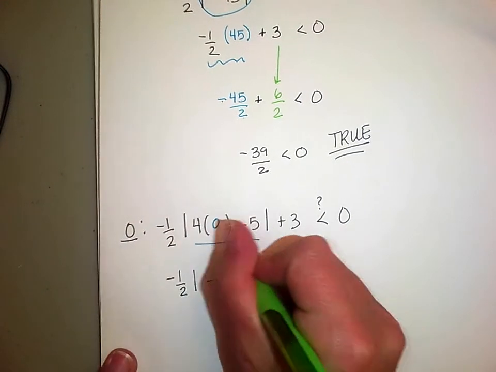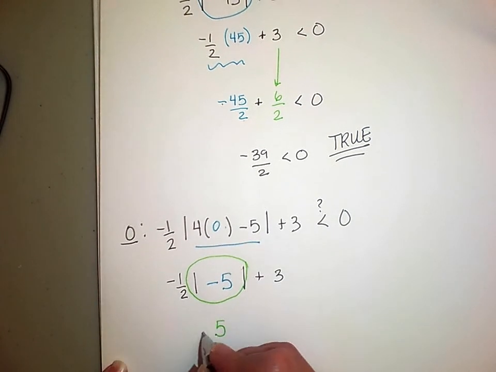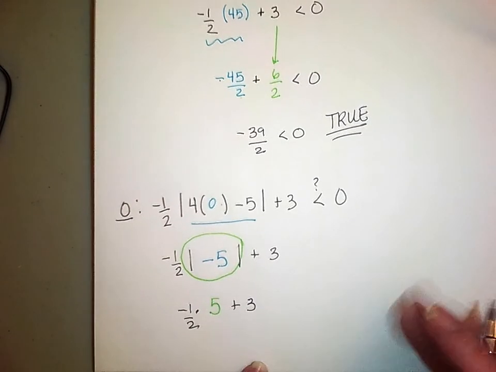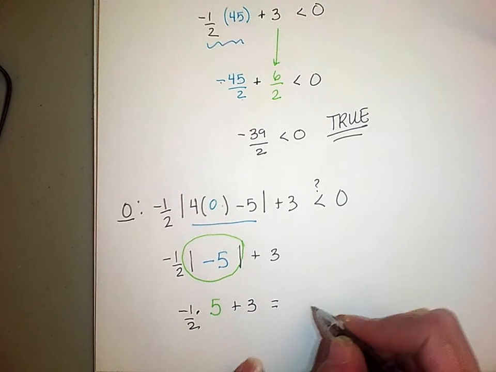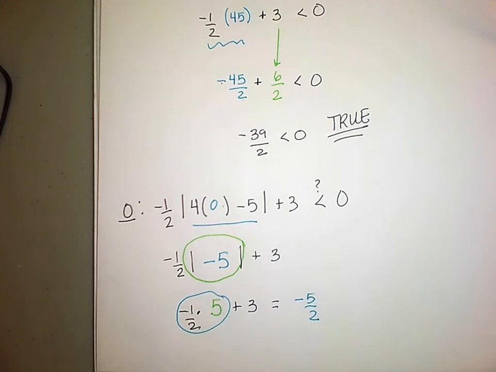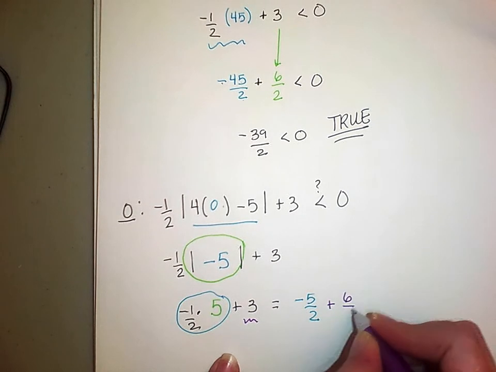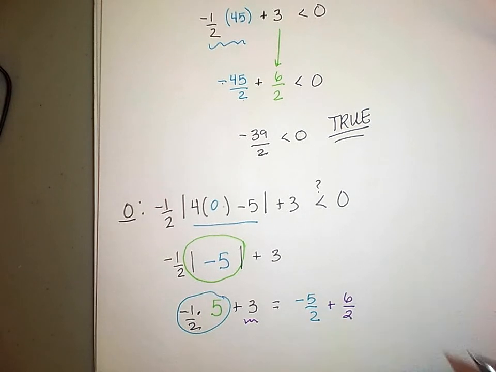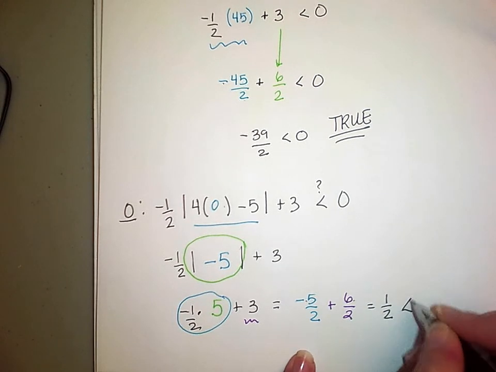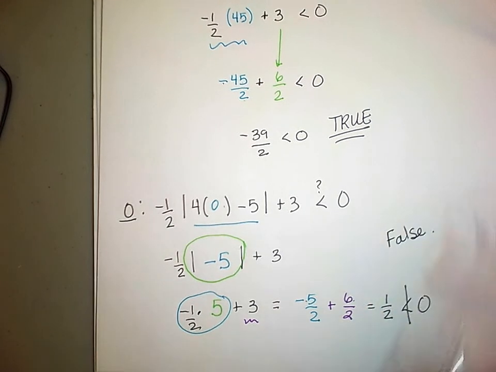The absolute value of negative 5 is positive 5. That has to be multiplied by negative 1/2, and we'll add 3. That's the same as negative 5 halves. Again, we'll get a common denominator for 3. Adding 3 is the same thing as adding 6 halves. And negative 5 halves plus 6 halves is 1/2. And 1/2 is not less than 0. So this is false.